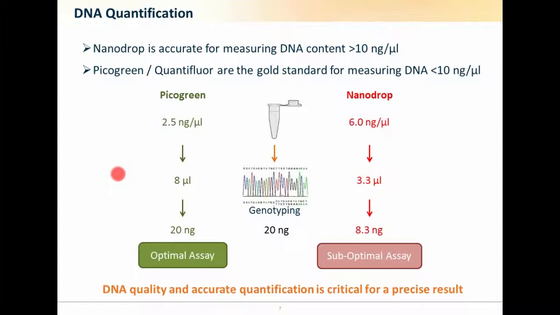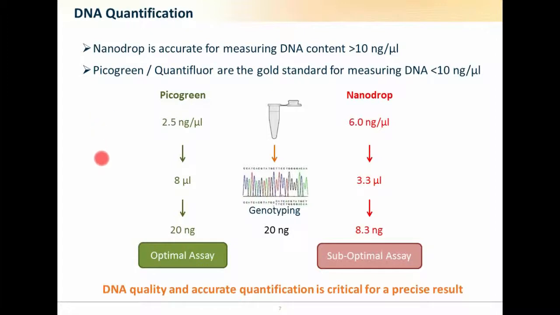However, when the concentration is below 10 nanograms per microliter, the best methods and the gold standard methods for testing the concentration are either PicoGreen or QuantiFluor. And I've just put together an example, and this is data from our lab, where we generated a concentration of 2.5 nanograms per microliter in a sample.